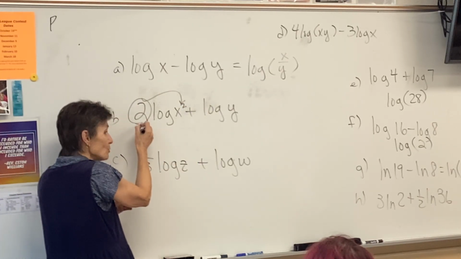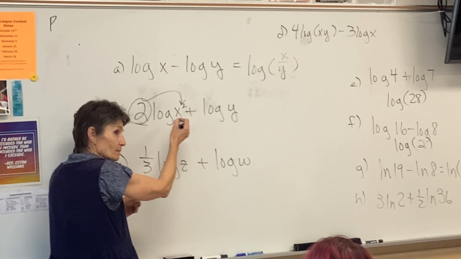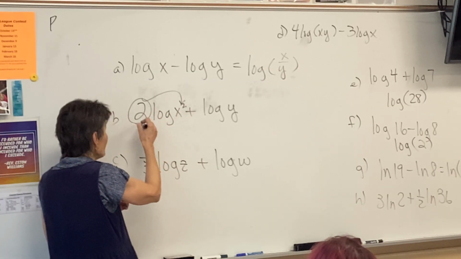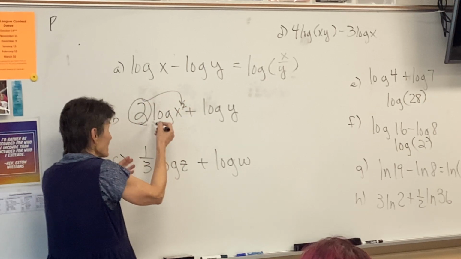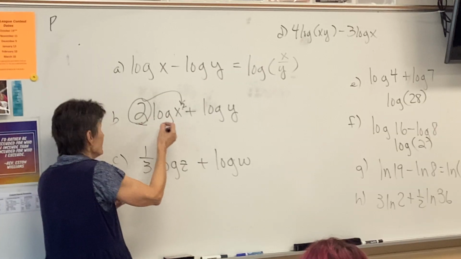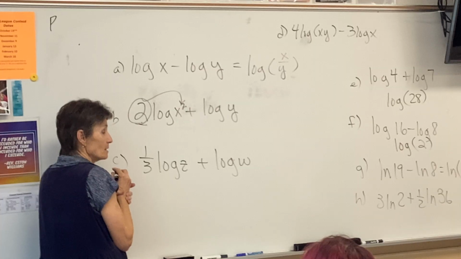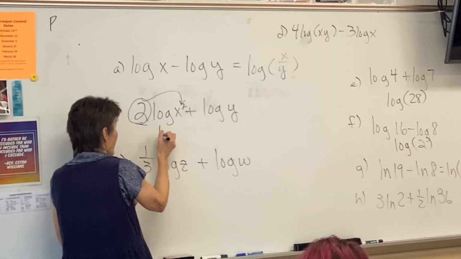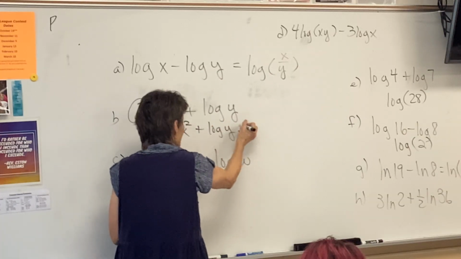So that 2 turns this into x squared. Coefficients become exponents on the thing that they're hooked to. So the 2 is hooked to the log x, so that 2 becomes an exponent on x. So now I have the log of x squared plus the log of y.